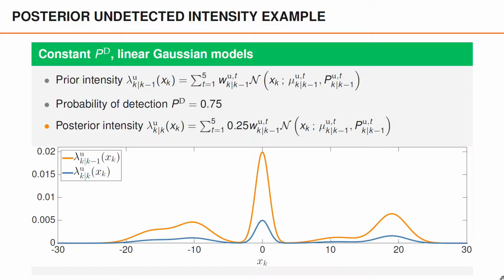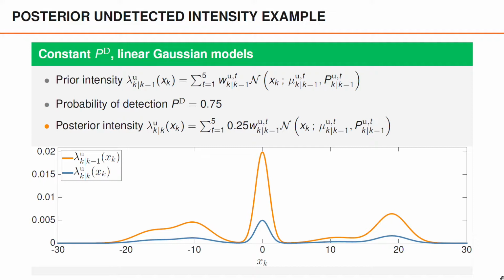The probability of misdetection is 1 minus 0.75, so equal to 0.25. And we multiply each prior weight by 0.25, and that gives us the posterior weight. The Gaussian components are unaffected when the probability of detection is constant. So this illustrates how we handle the Poisson point process intensity for objects that remain undetected.